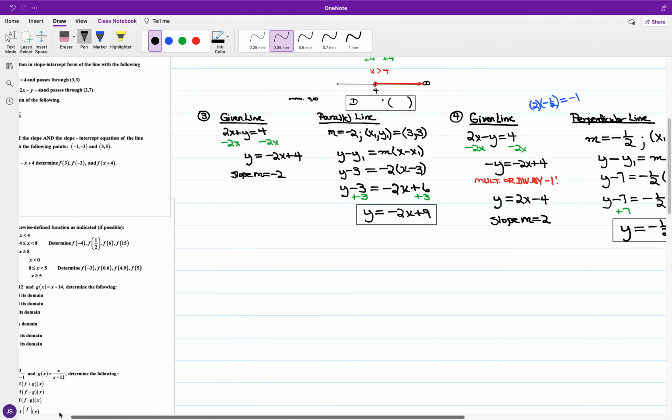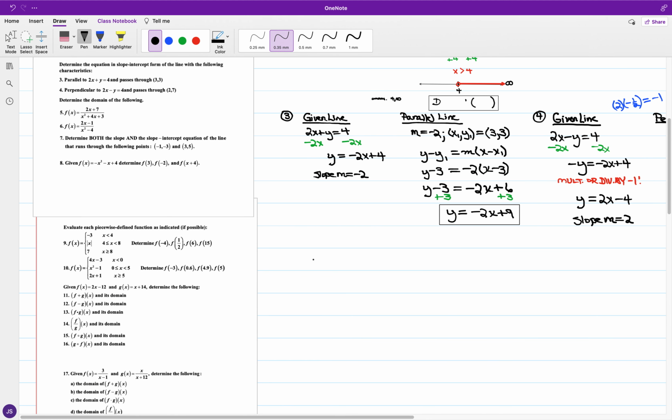With both 5 and 6, we have rational functions. And in the case of 5, you have f of x is equal to 2x plus 7 all over x squared plus 4x plus 3.